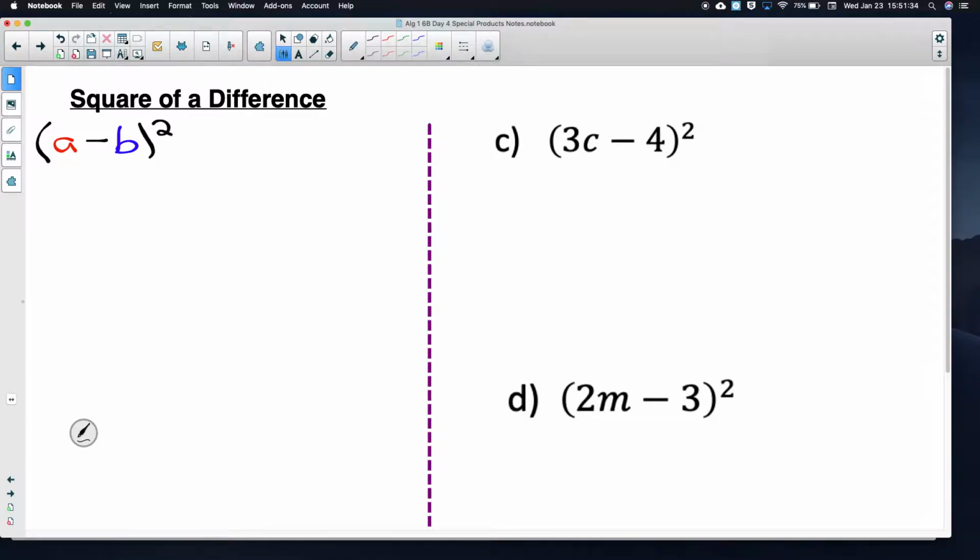And that's the same thing as saying A minus B squared is equal to A minus B times itself twice.